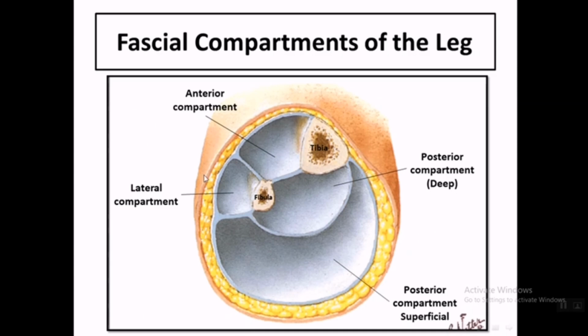This is the tibia and fibula, and they are connected by the interosseous membrane. This is the deep fascia sending septa. The anterior and posterior septa will divide the leg into compartments.